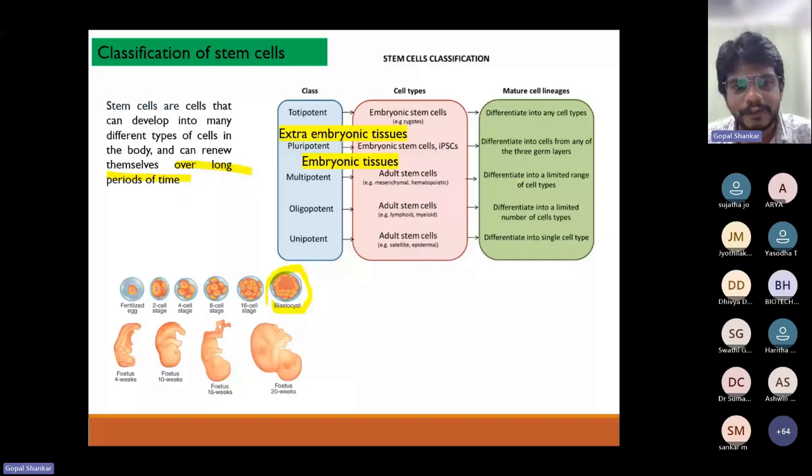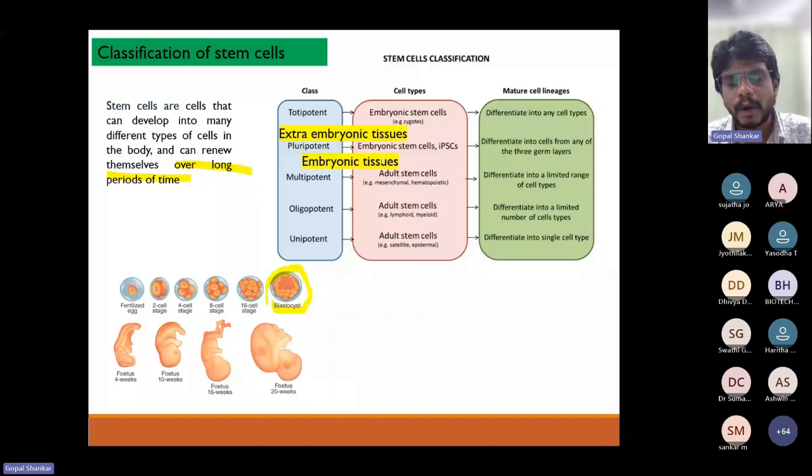Okay, so the basic difference between the totipotent and pluripotent is that the totipotent stem cells are basically the extra embryonic stem cells, which are taken from the first few days of the fertilized egg. And again, the embryonic stem cells and your pluripotent stem cells do have ethical constraints because you have to kill the embryo to isolate these cells.